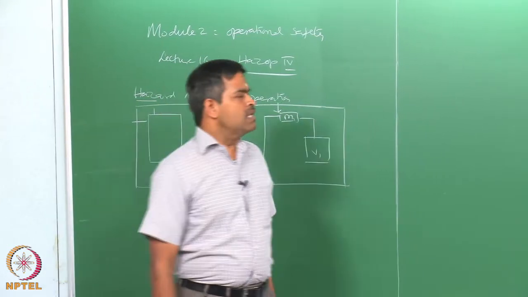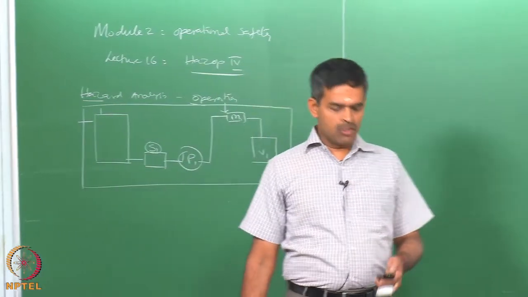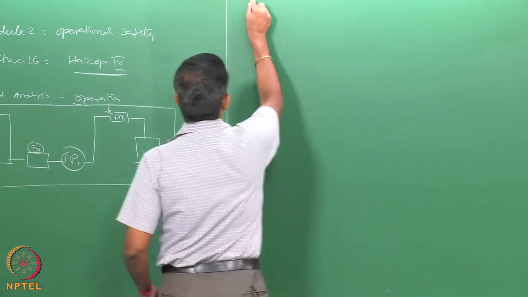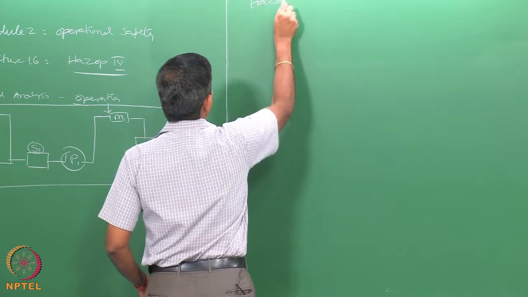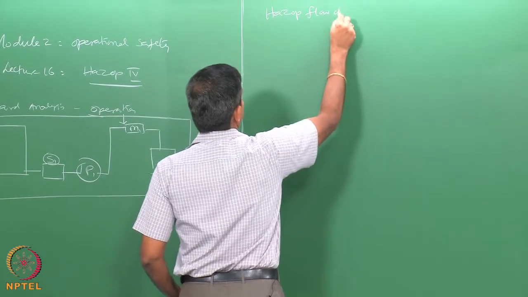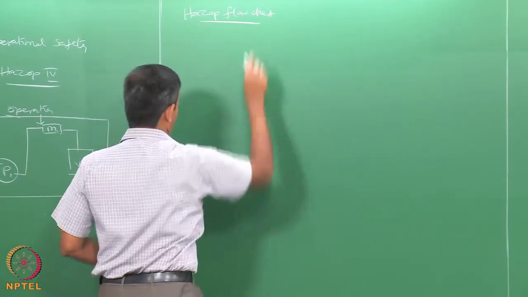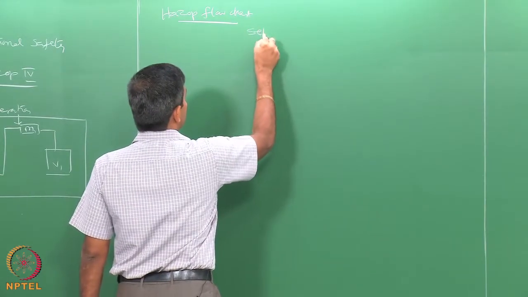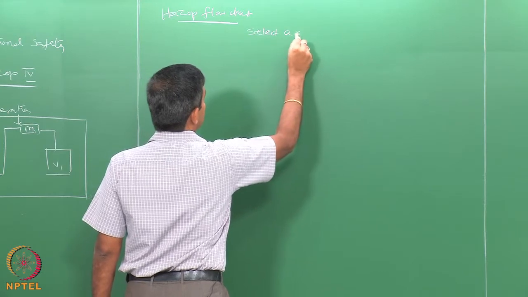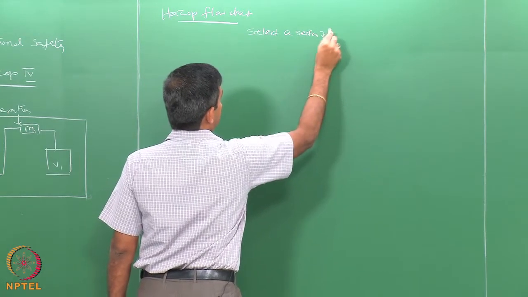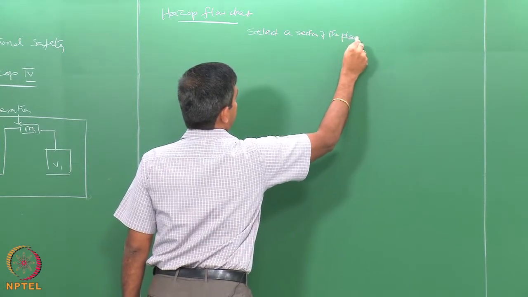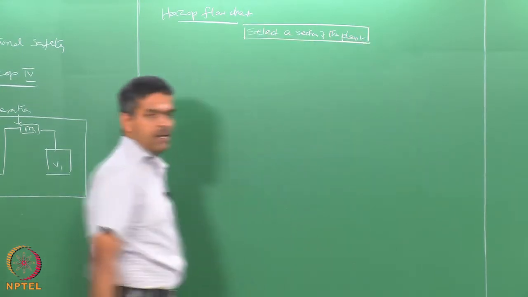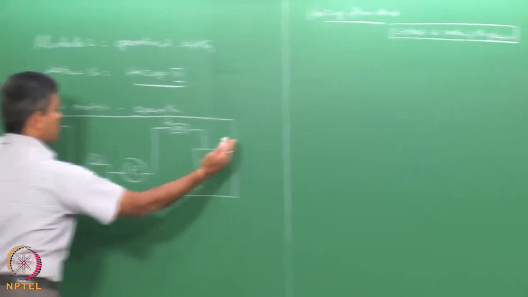So, let us quickly see the Hazop flow chart, which will be useful for us to do the study. The Hazop flow chart looks like this. As I said, Hazop is generally done for a section of the plant. So, select a section of the plant, as in this example we selected a small section.